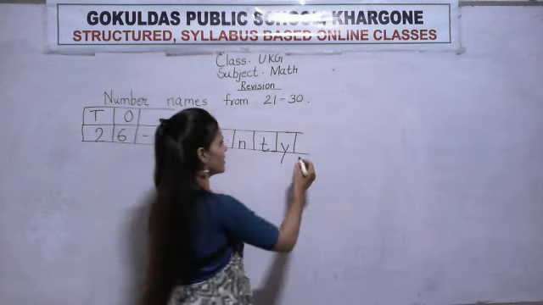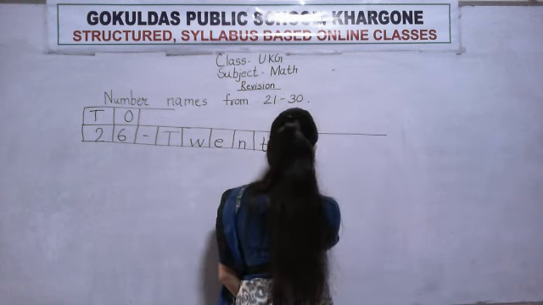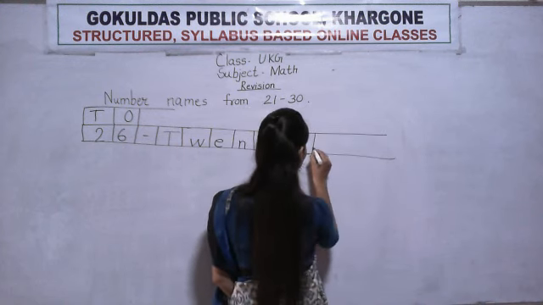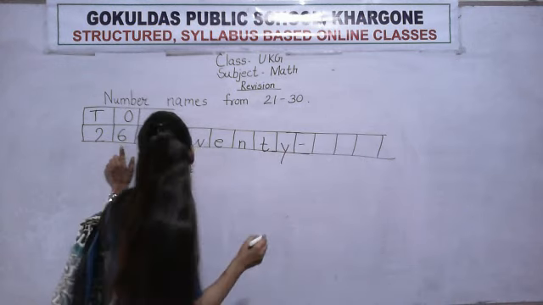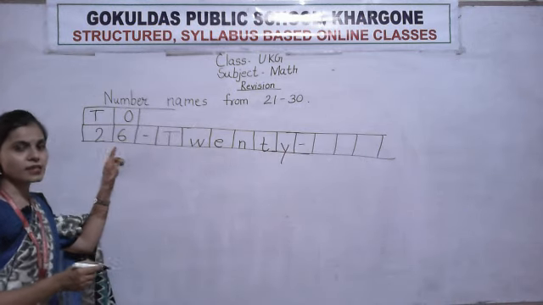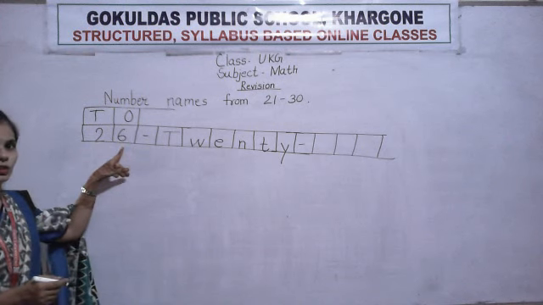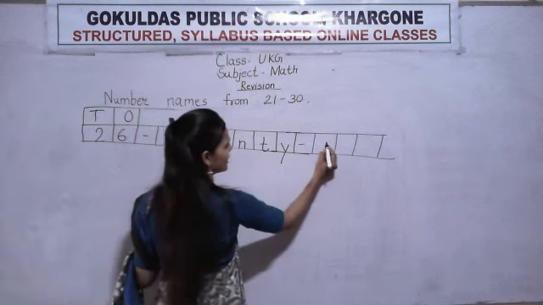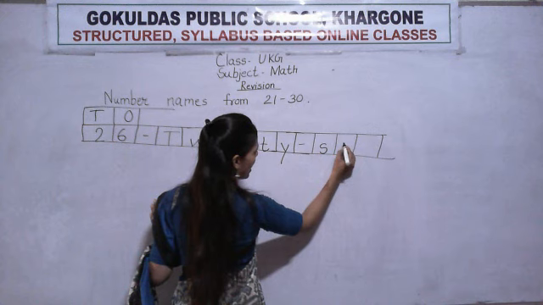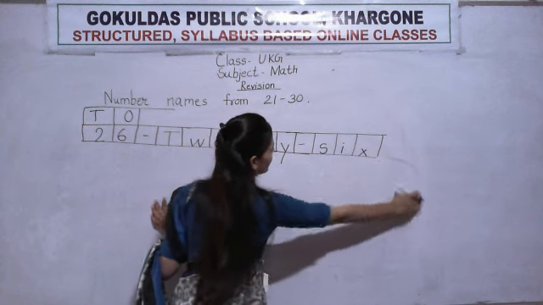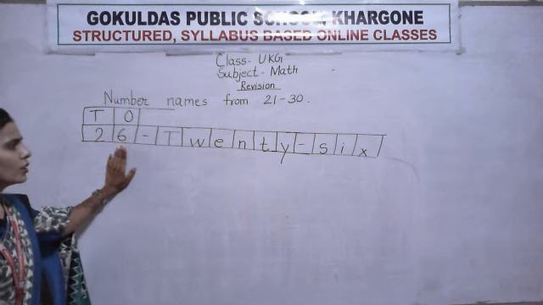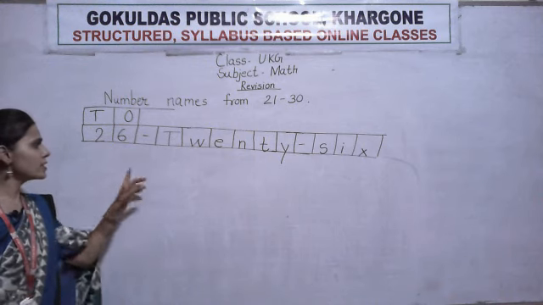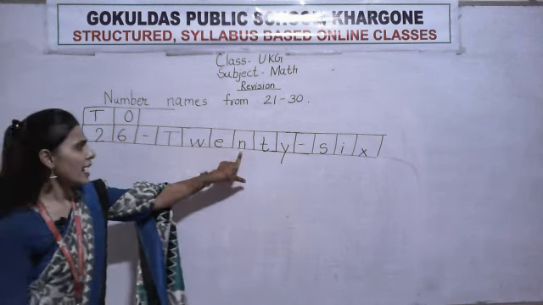Okay, this is the spelling of 20. And next, which number will you add? 2, 6. So you add the spelling of 6: S-I-X, 6. So the spelling of 26 is TWENTYSIX.